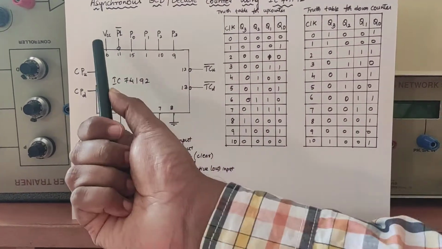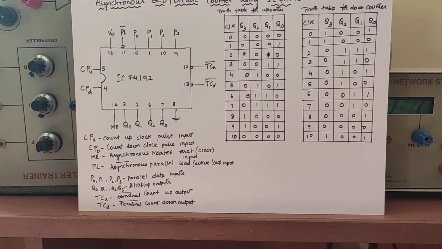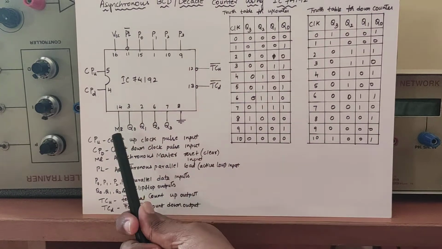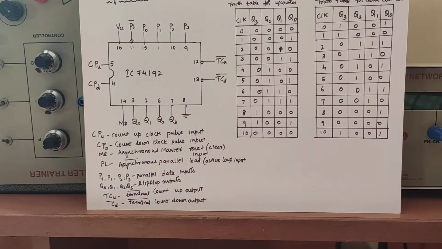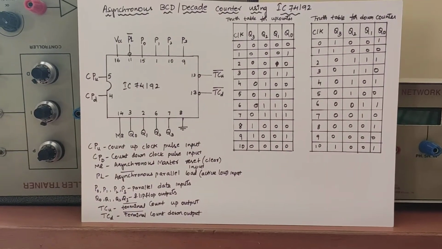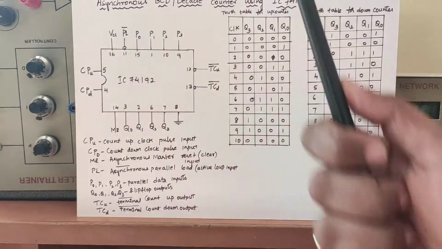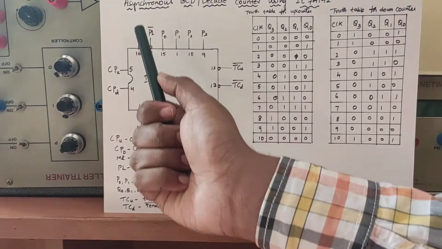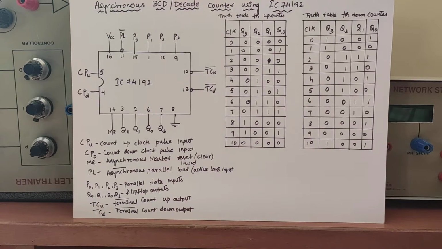And pins 4 and 5 are called the count up clock pulse input and count down clock pulse input. And there is MR which is called the asynchronous master reset input. And PL bar is called the asynchronous parallel load input which is connected to the 11th pin. And to activate this, the 16th pin is connected to VCC and the 8th pin is connected to ground.